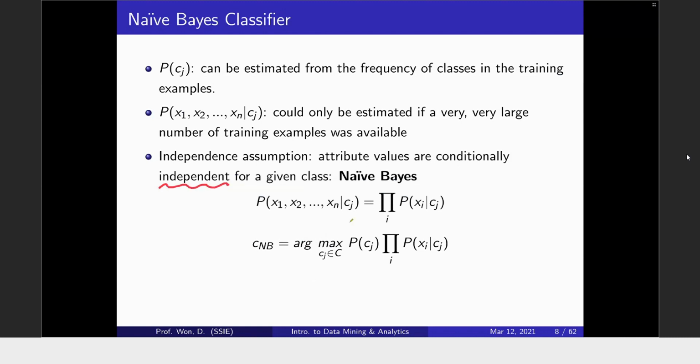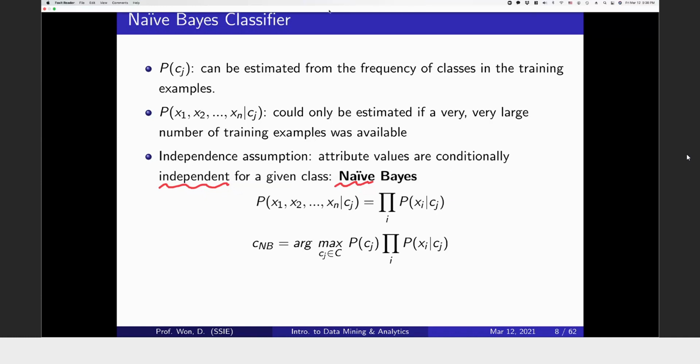This one is the basic assumption in the naive Bayes classifier, and that's why we put naive on this classifier. So we need a very strong assumption. Other than that, we cannot apply this equation to make the classification. Okay, so this is why we are talking about the naive Bayes classifier.